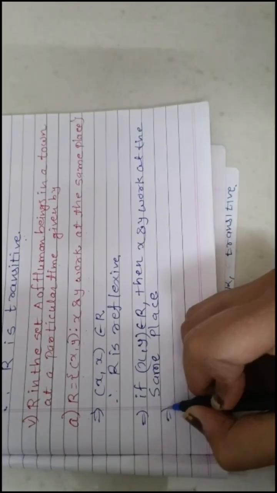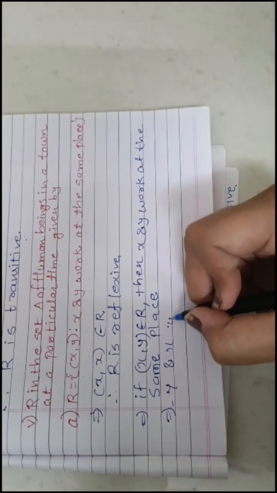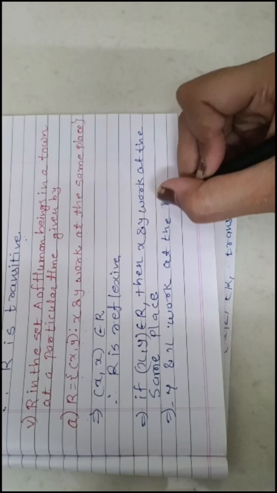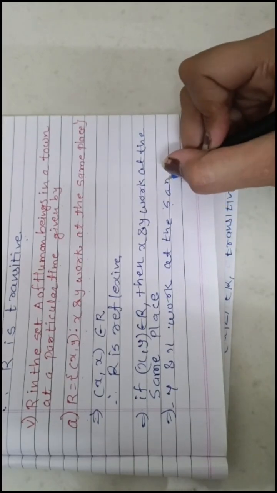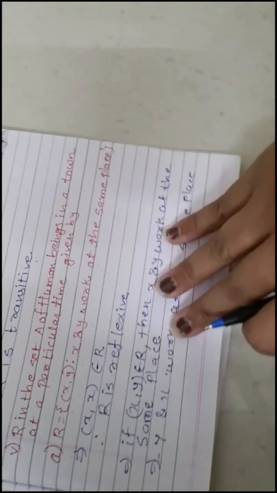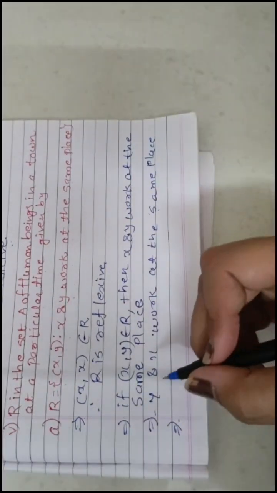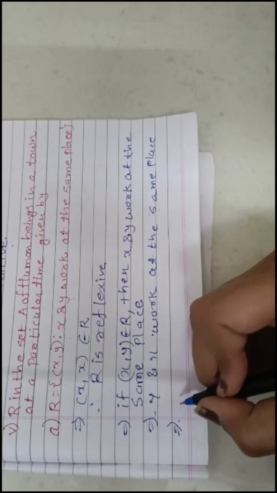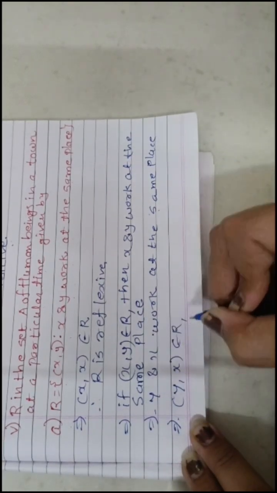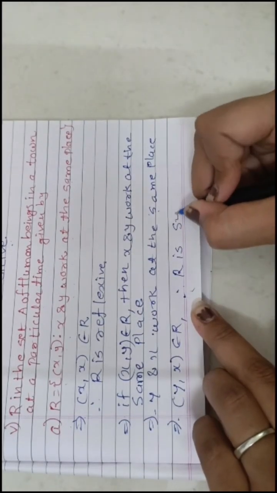You can write it like this also: y and x work at the same place. Then it means (y, x) belongs to R. Therefore, R is symmetric.